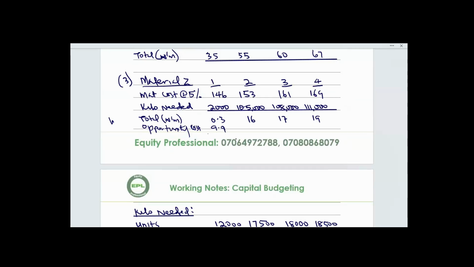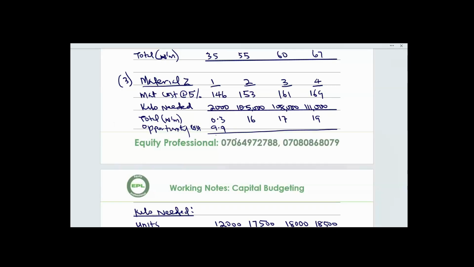So you then add up. If you like, you can make it a separate line item when you are calculating your NPV. But the issue with that is that there's a tendency for you to forget. Now that you remember, just put it together. 0.3 plus 9.9 will give us 10.3, or 10.2 rather.